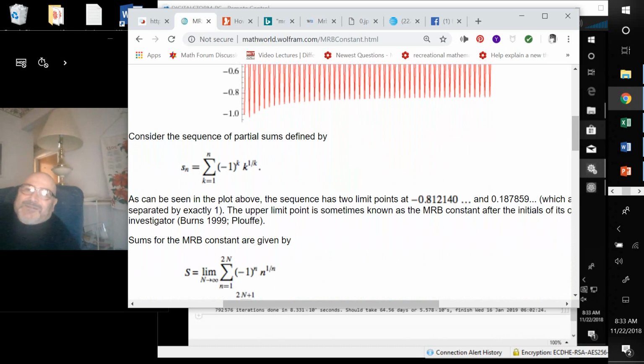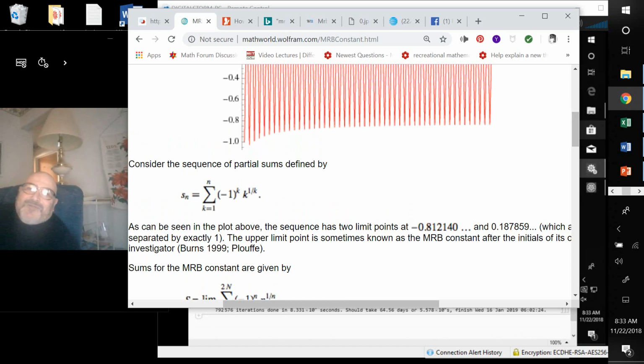The one before infinity, the 1 over infinity, is -0.812140, and the one at infinity is 0.187859. It's kind of awkward saying that. I probably ought to cringe.